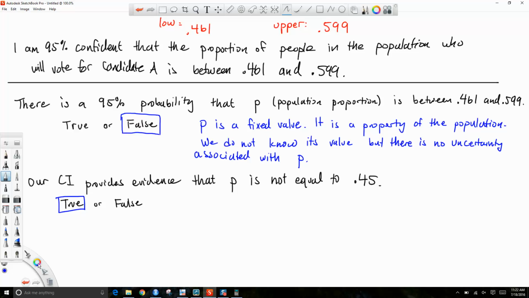Basically, we are 95% confident that P is between 0.461 and 0.599, okay? So we are pretty confident that it's not going to be 0.45.